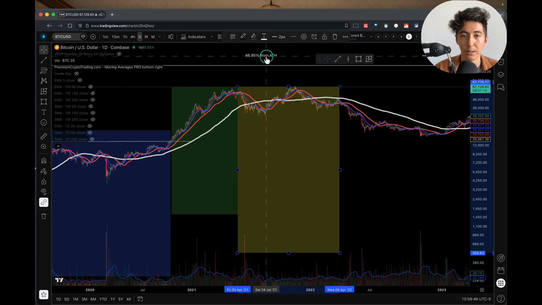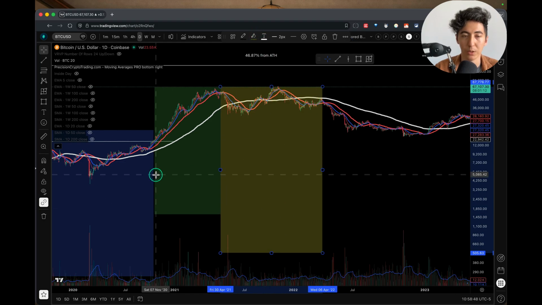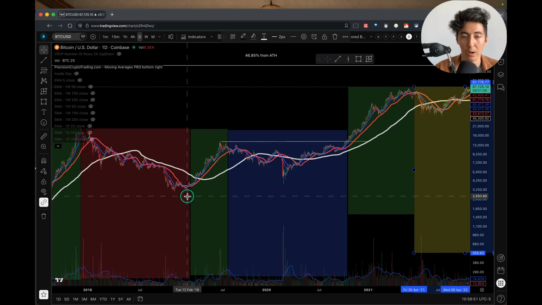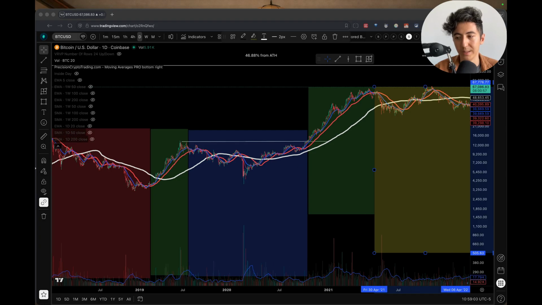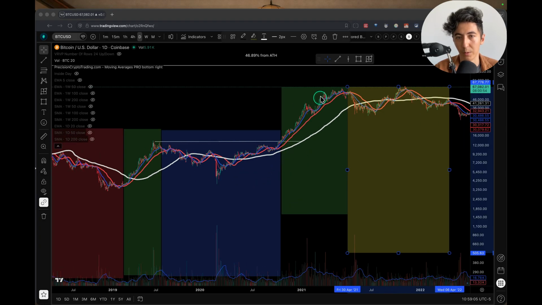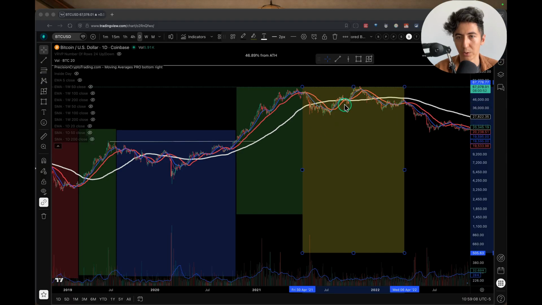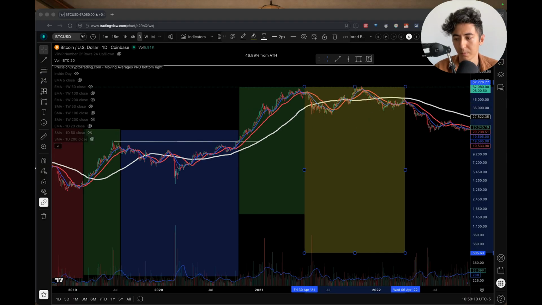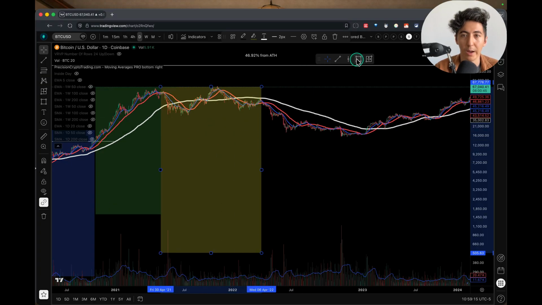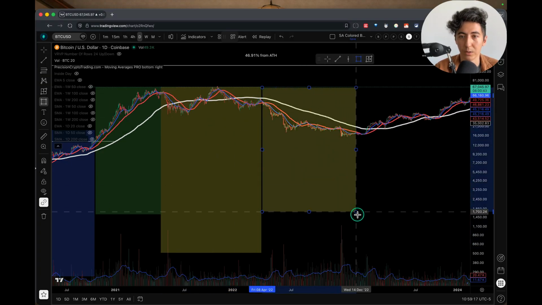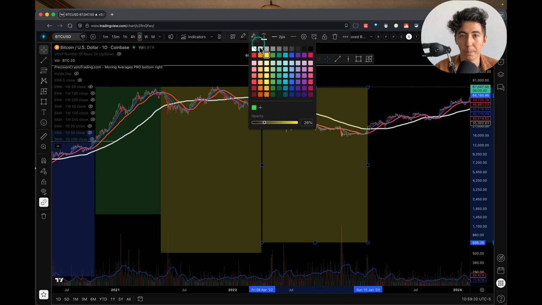So I'm going to color this yellow. We're going into distribution. So again, we have our accumulation, we have our basing, we have our confirmed trend, we have our basing, we have a confirmed trend, and then we have distribution, or I'm sorry, topping, better term, topping, and then over here it looks like distribution because it's going down.